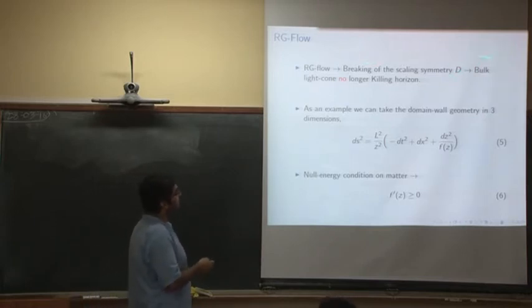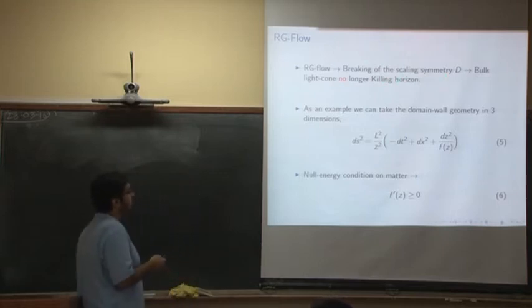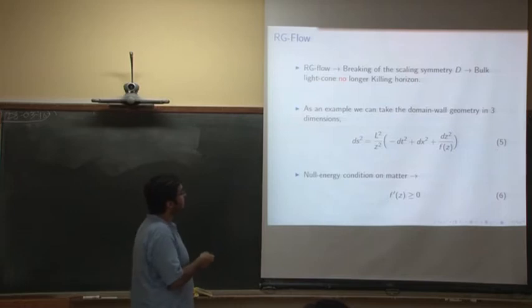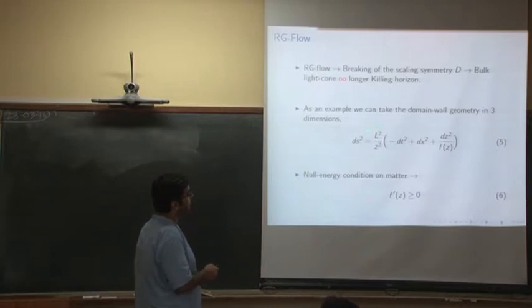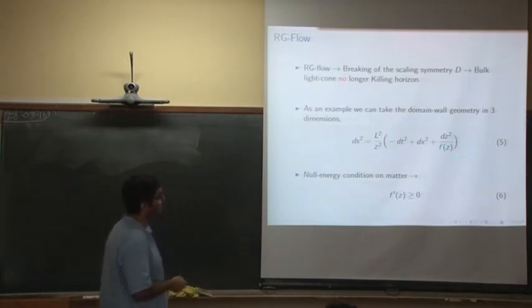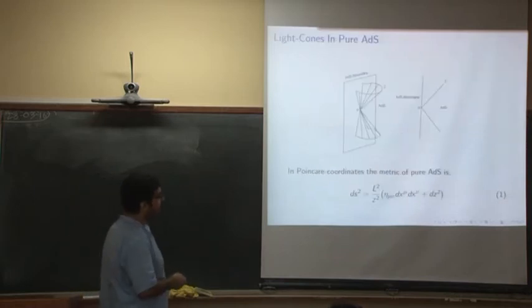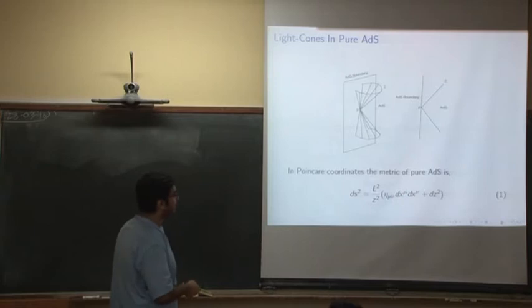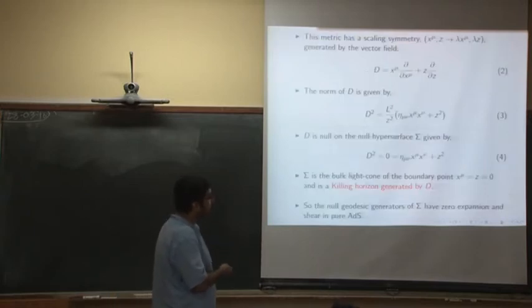And in that case, what one can see is that this bulk light cone is no longer a Killing horizon. Now to see that explicitly, what you can do is take a domain-wall geometry, for example, of this form, where we have the same type of metric, except that we have a new function f of z, which is not there in the pure AdS metric.